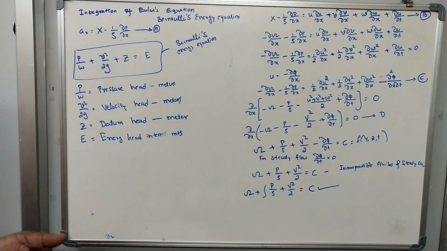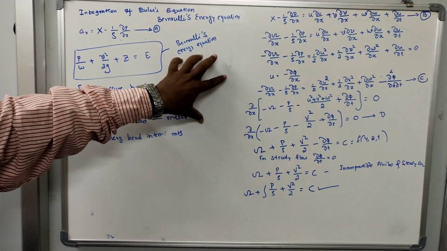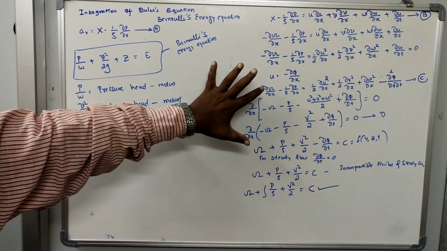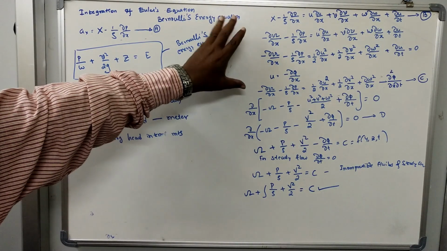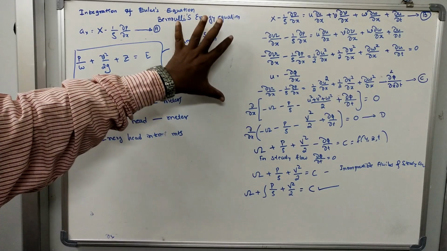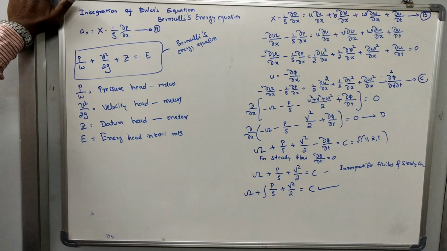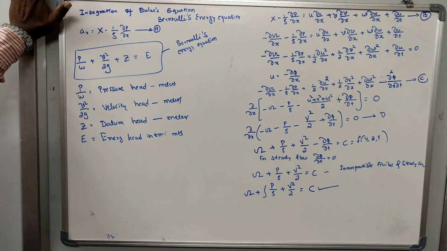We are going to upload the notes, whatever I have written on the board. Here I have explained each term and how to integrate Euler's motion equation. While integrating Euler's motion equation, we have considered two important assumptions.